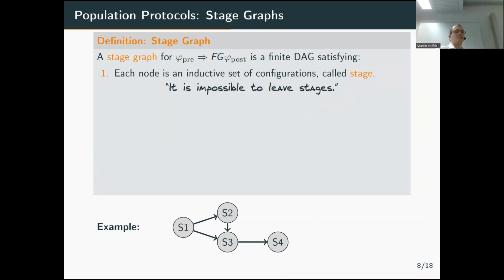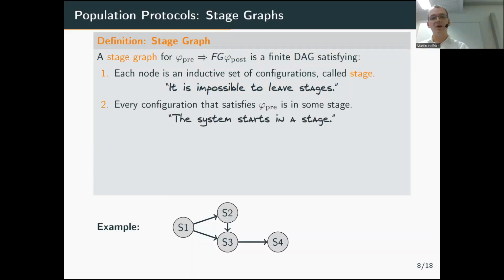They are possibly infinite sets of configurations. So a lot of the configurations your system can be in can be in a single stage. And crucially, this set of configurations of a stage is inductive, meaning if your system is in that stage, then you will stay in that stage forever, right? It's an inductive invariant.